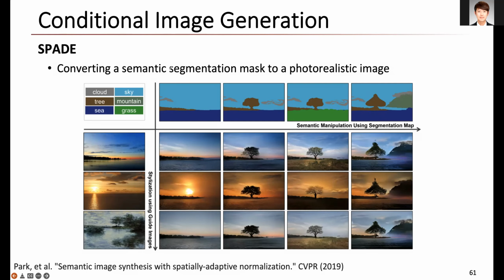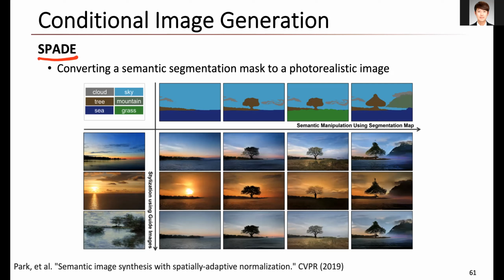No? Okay. Then let's move to conditional image generation. So far we just thought of unconditional image generation, where we did not give any condition, but in many cases we want to give a condition in many kinds of formats to the generator. For example, the SPADE paper, coming from the Adobe guys, Adobe, that made Photoshop, right?